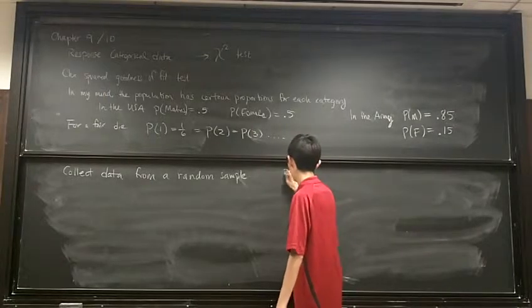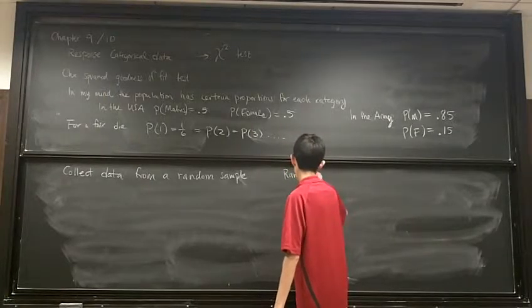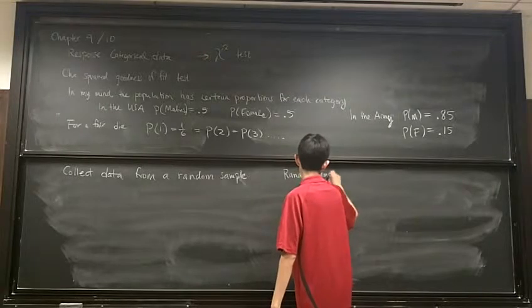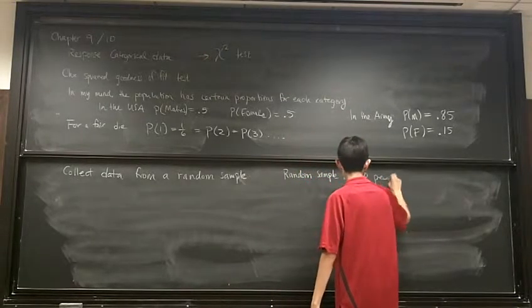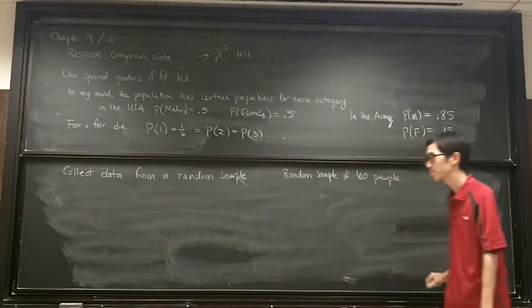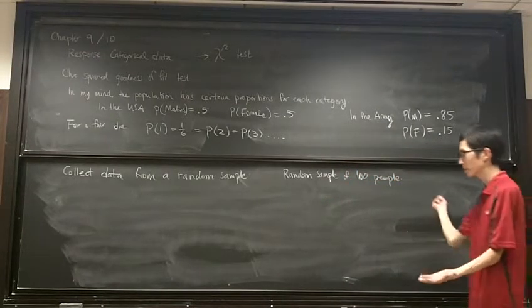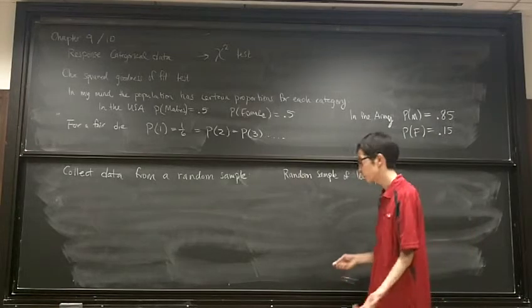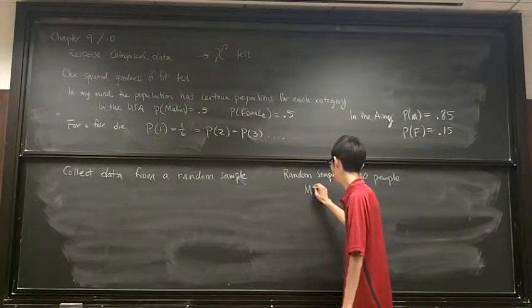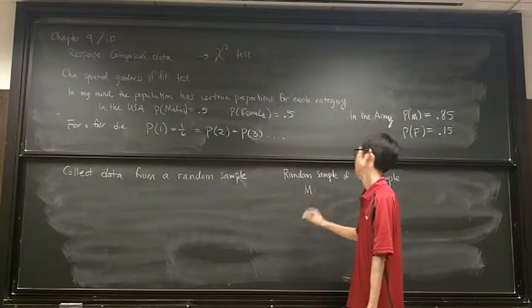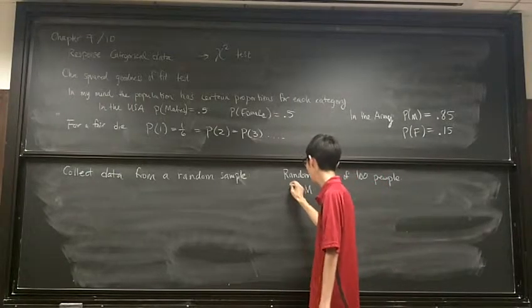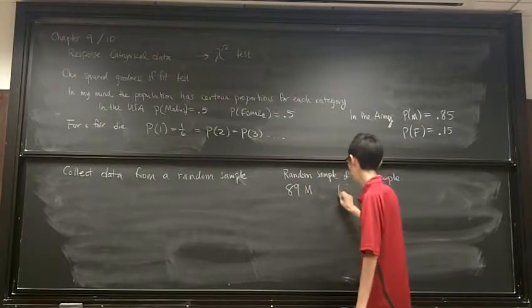So let's say 100 people. And I count them up, and let's say I get 89 males and 11 females.